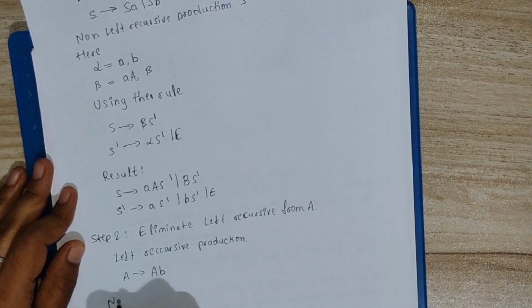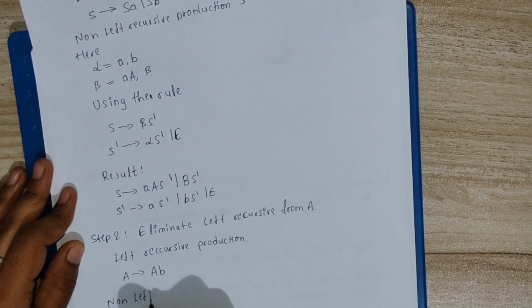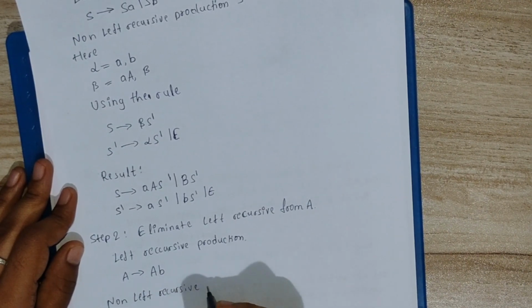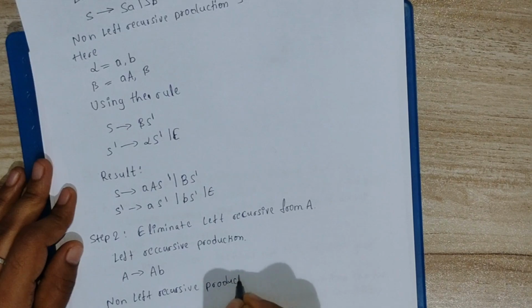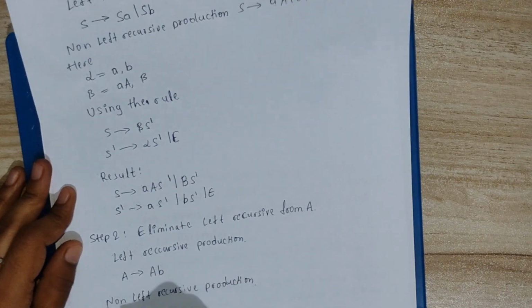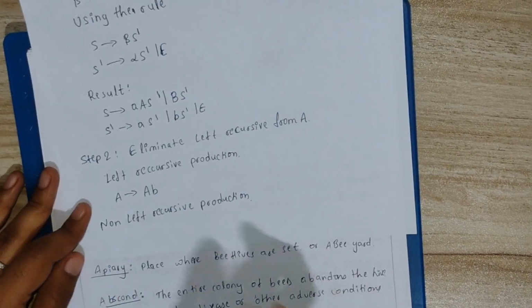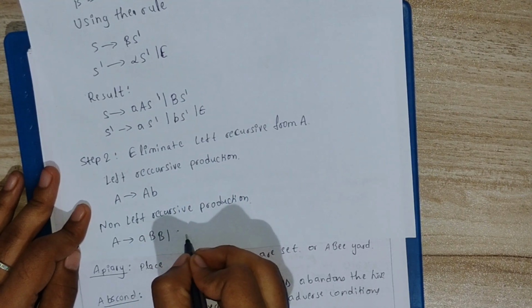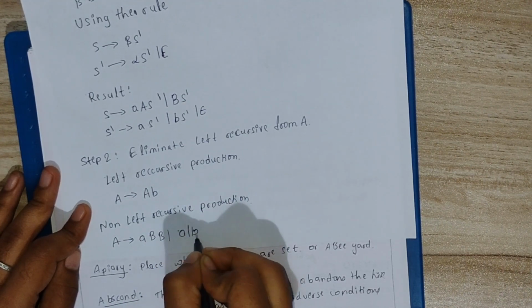Non-left recursive production: A implies aBB as AB.